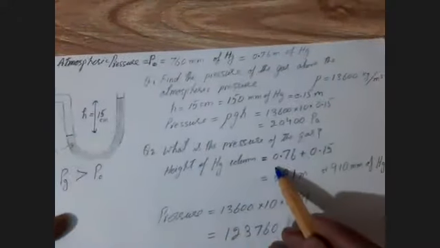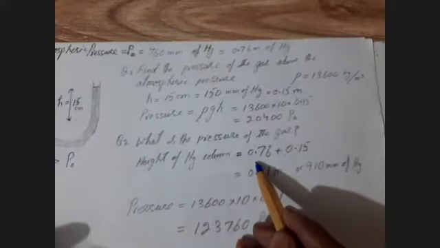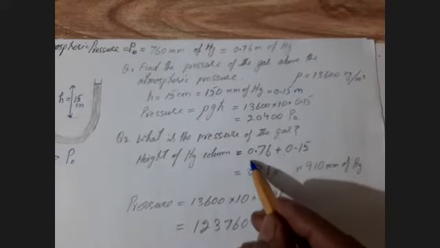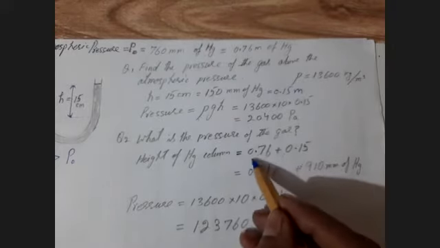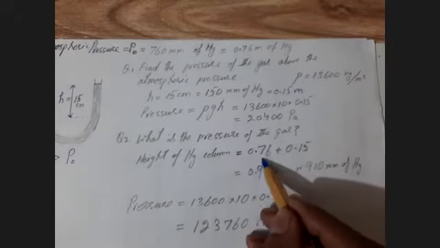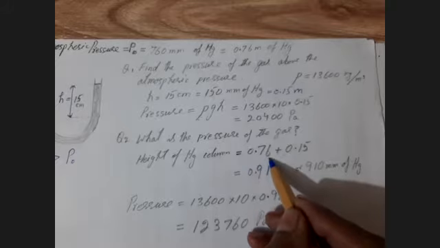I'm doing these calculations in meters. Please observe it carefully, that here I am taking the height in meters. This is the height of the mercury column for one atmospheric pressure at sea level.